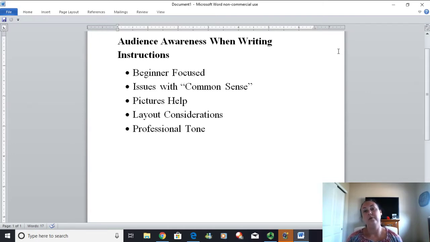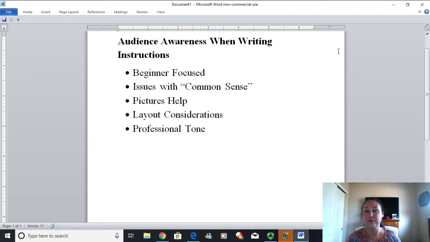And then, of course, always got to be a little bit cautious of tone. Tone is always kind of something tricky, particularly when you're writing to beginners. You want to use a professional tone always in business technical writing. I mean, that's just a given. However, you also want to make sure that you're breaking down technical language for someone who is that beginner. And so that can be a little bit of a challenge sometimes in figuring out how to describe and explain things in a way where you're breaking them down without sounding condescending.